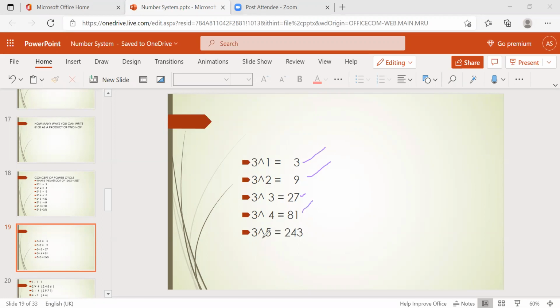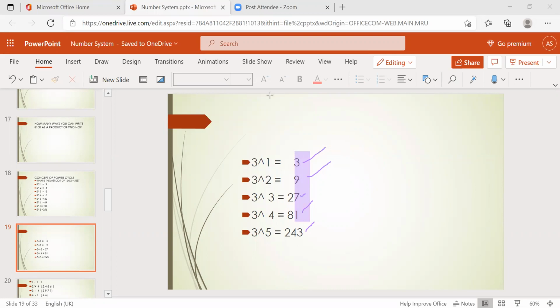And 3 power 5 is 243. See here, it is repeating after 4 numbers: 3, 9, 7, 1, and again 3. So here also the repetition is 4 numbers. Clear?